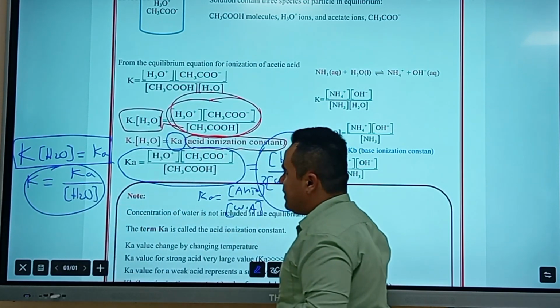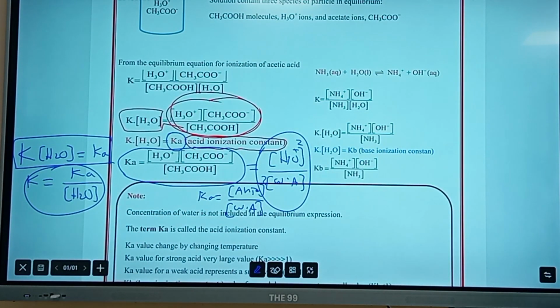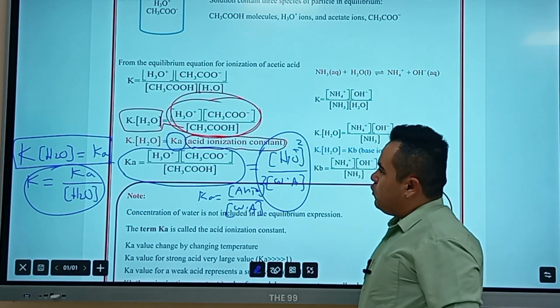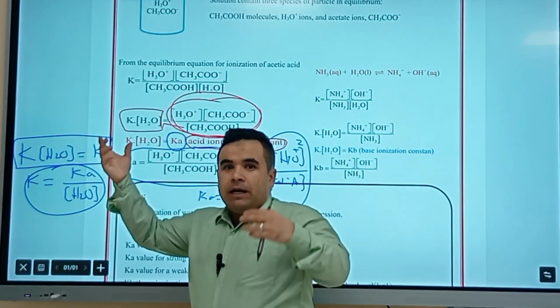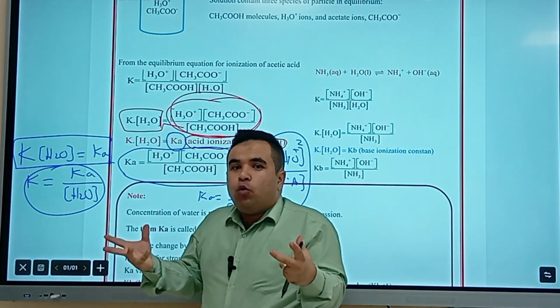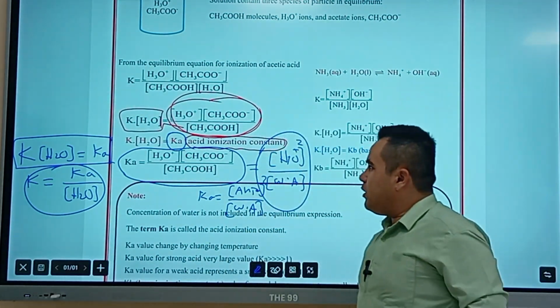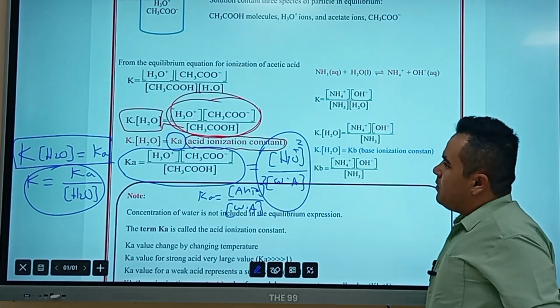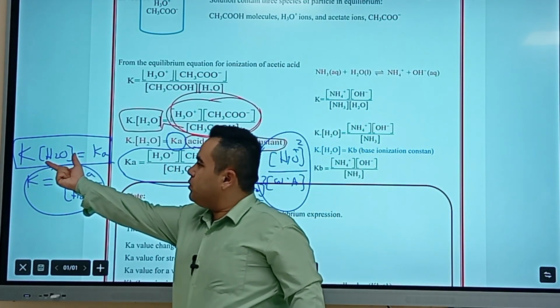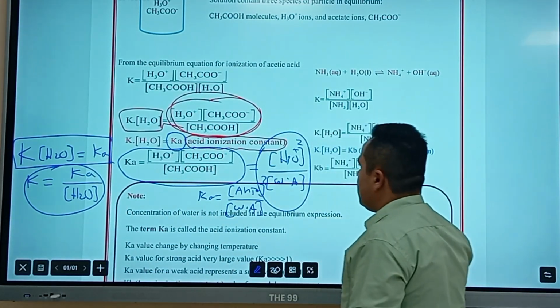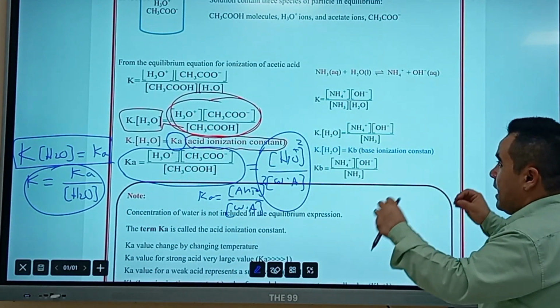Also, this can be represented as a derivative of the main equation. So there will be questions like that, on the equations that represent the relation between the equilibrium constant and the constant ionization of acids.